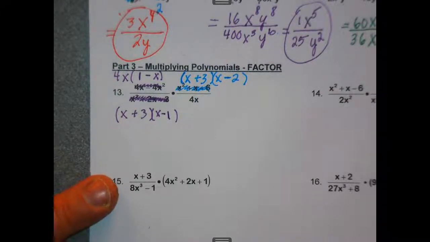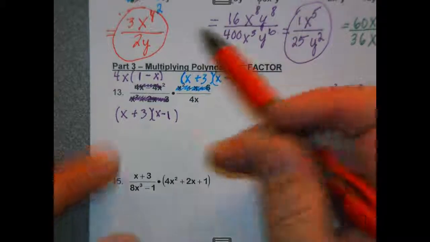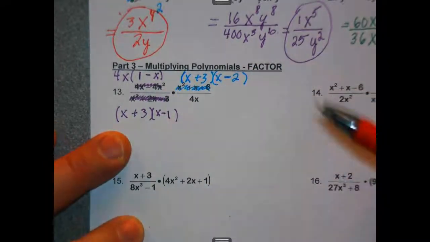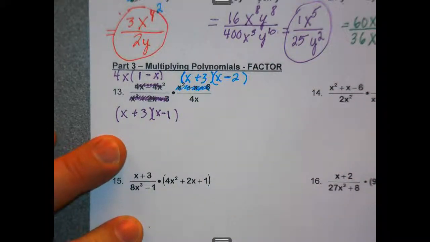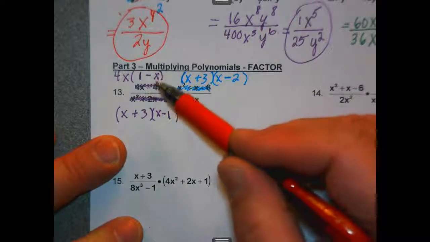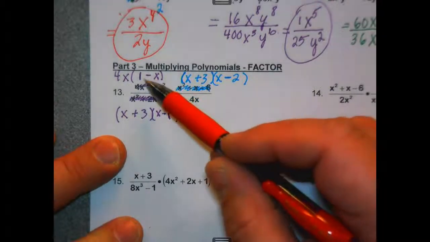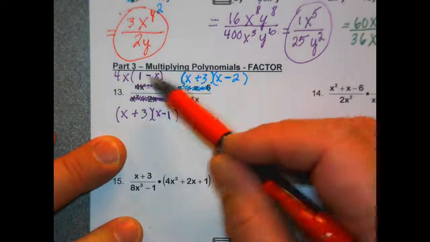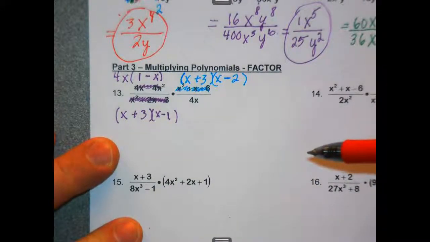Now, this is really important because this is going to pop up every once in a while. 1 minus x and x minus 1 look really close, right? They're not the same. But there is one way I can make 1 minus x into x minus 1. Just take out a negative 1, right?